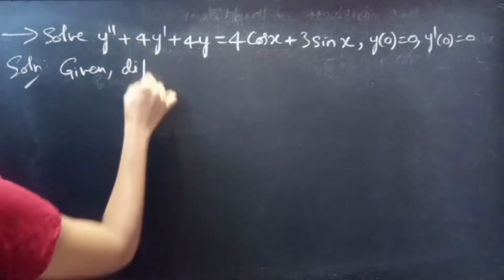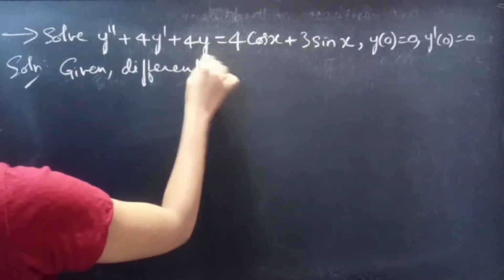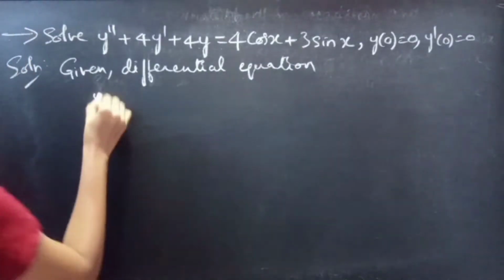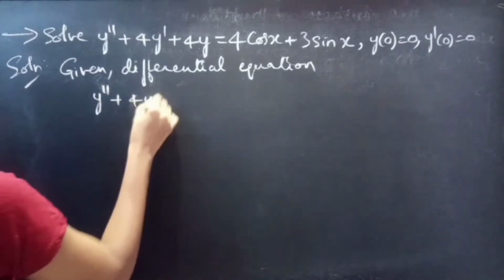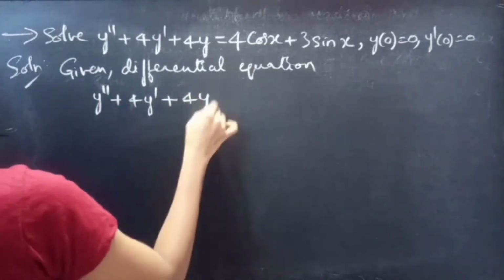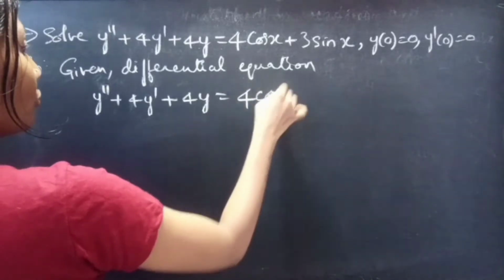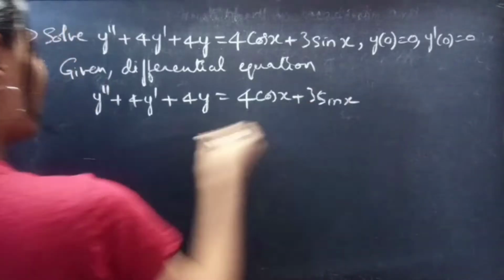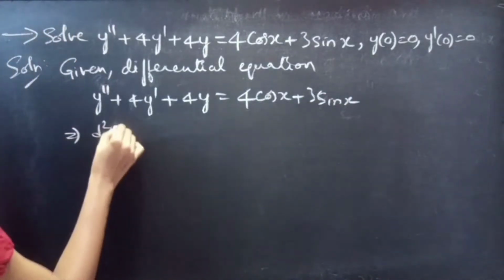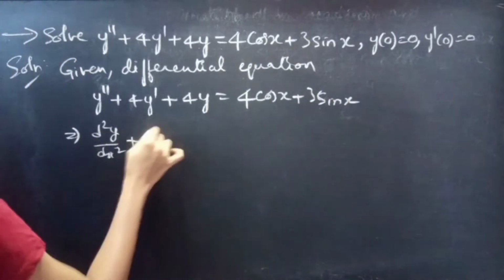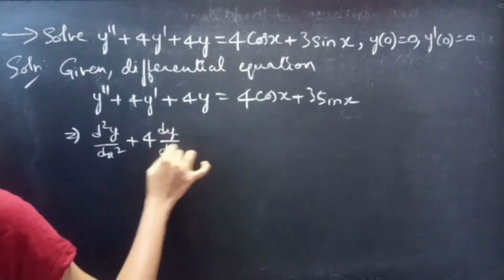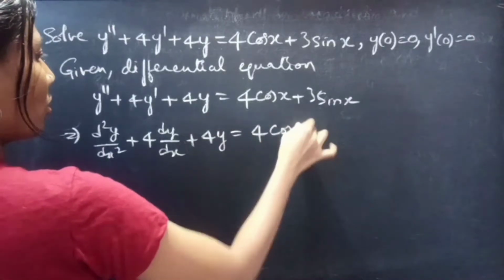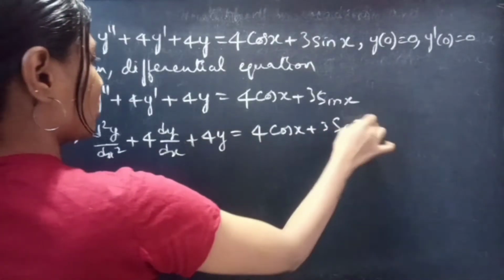Given differential equation, y'' + 4y' + 4y = 4 cos x + 3 sin x. Right? We can write it as d²y/dx² + 4 dy/dx + 4y = 4 cos x + 3 sin x.